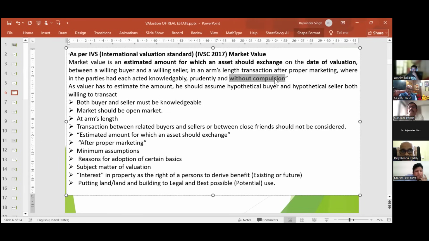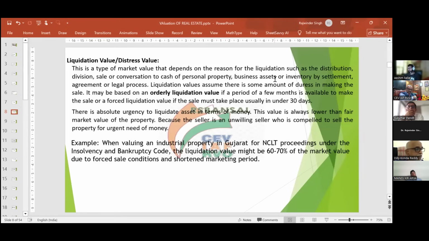Illiquid means you cannot go to the market and sell your building within a day, which you can do in the case of plant and machinery. You can sell your car, but you cannot do that in the case of real estate. If you are under duress, then the value will not be market value. That value will be liquidation value or distress value.